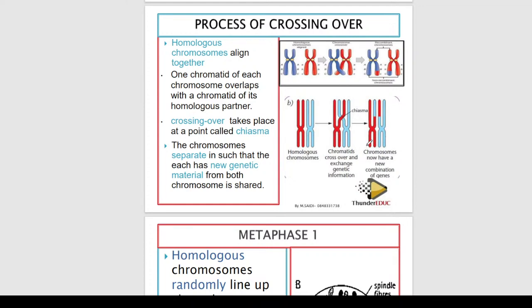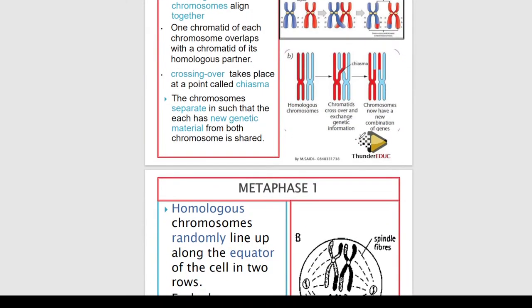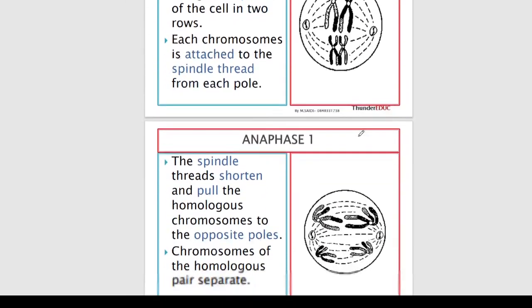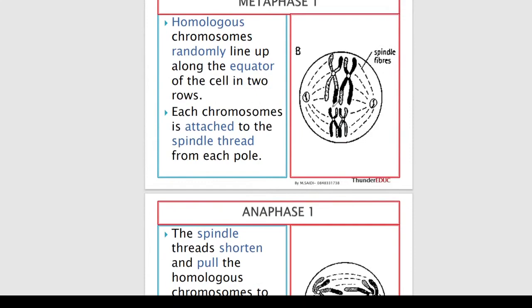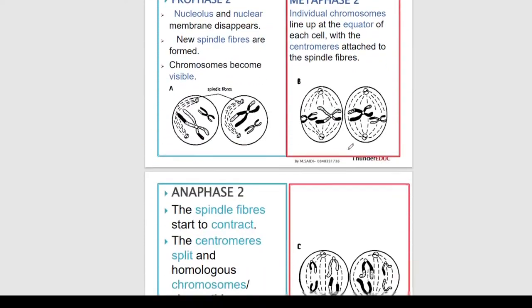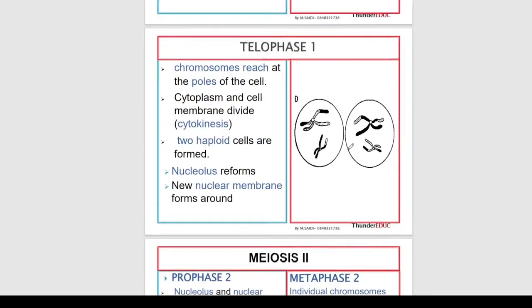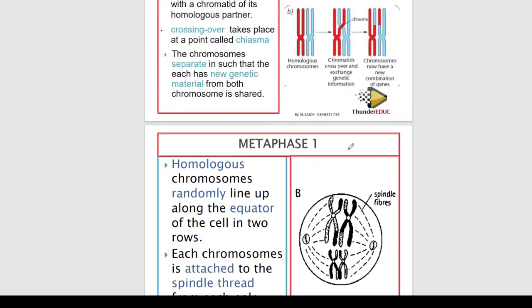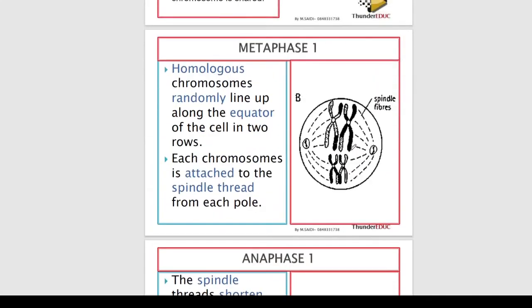Then the genetic material is exchanged between the homologous chromatids, and then you form two chromosomes which have a new combination of genes. So the process here, you need to know. When you look at this, you have to know which phase this is. Please, you don't go to the paper without knowing this.